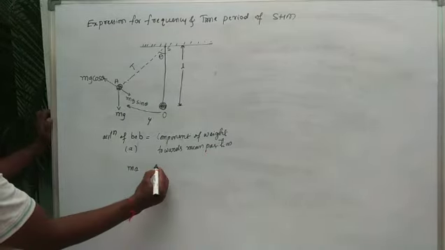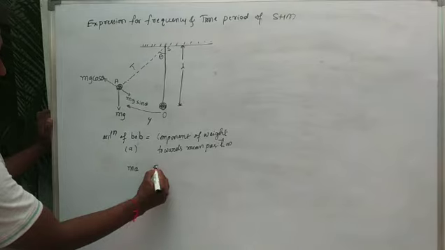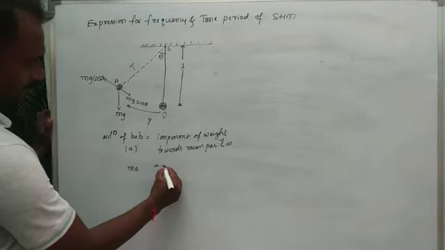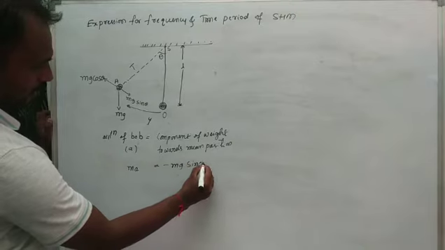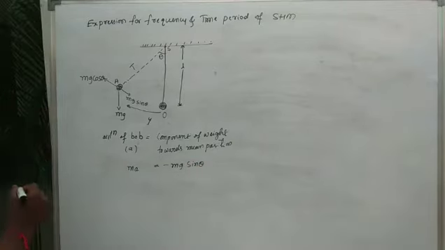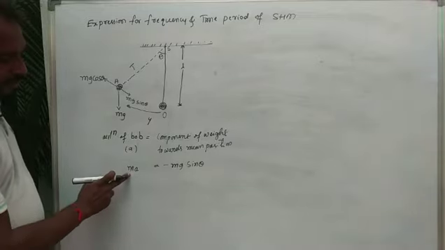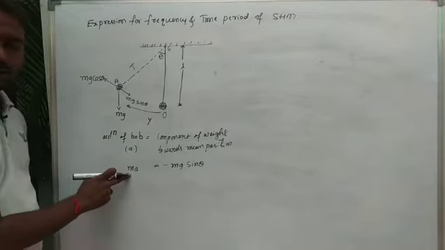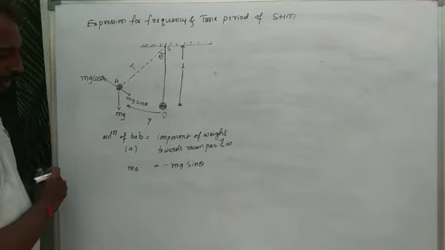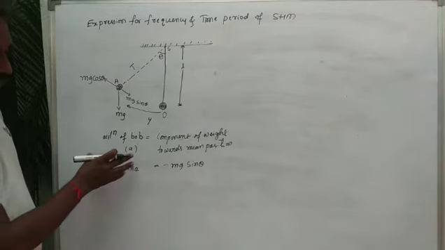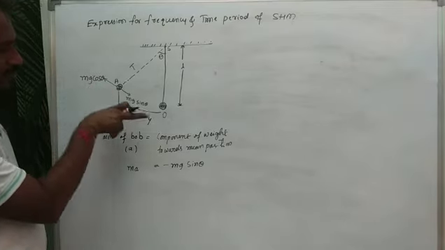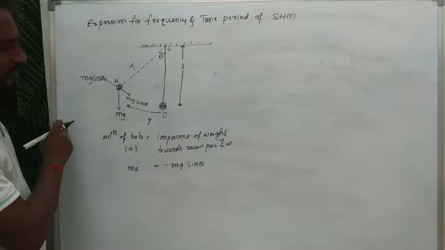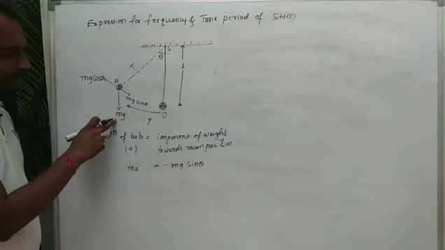Since mg is there, we also consider m into a. In this direction the force is mg cos theta, in this direction the force is mg sin theta, and downward it is mg.